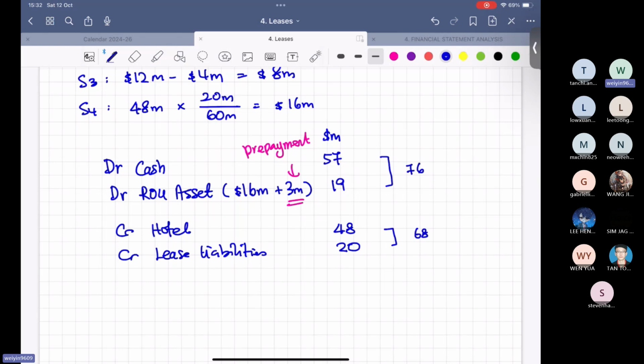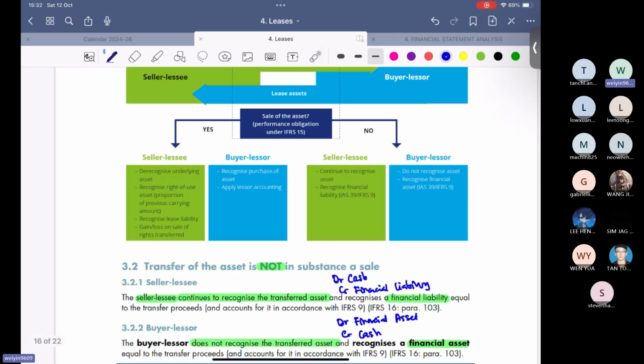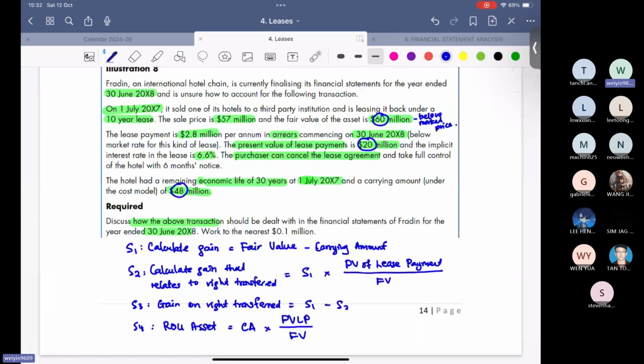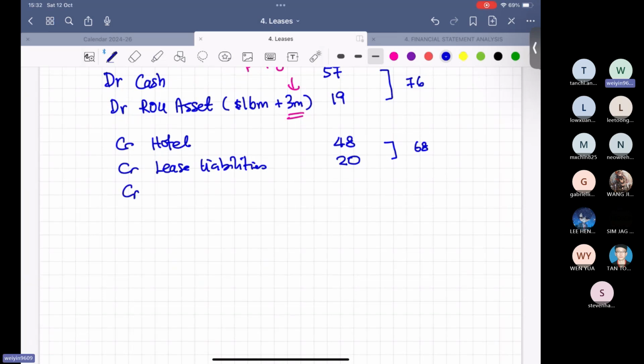So where does this 8 come from? This 8 comes from your step 3. So what's my step 3 name? Gain on right transfer. So you just put in here, credit gain on right transfer. So this is my step 3.